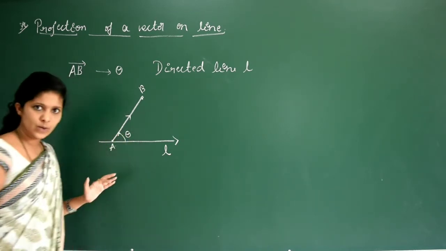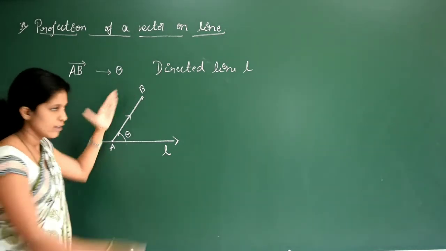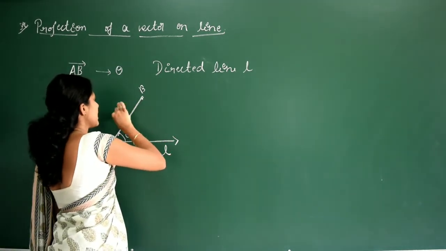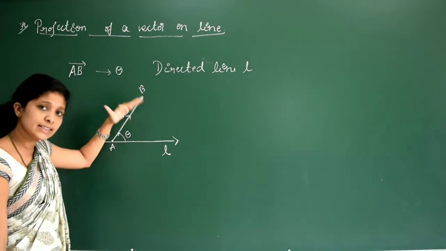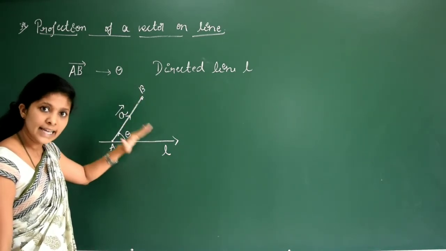Is it clear? AB is the one vector, and I will represent this as A vector. AB vector is a vector which makes an angle theta with a directed line L.